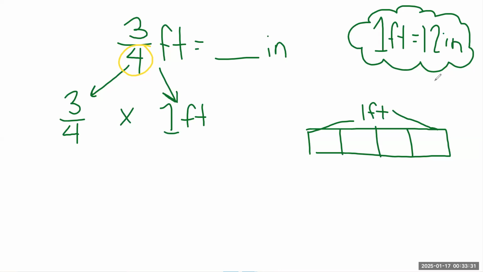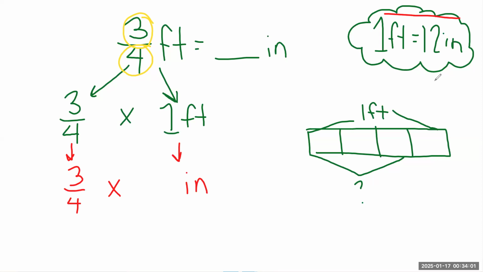Follow-up question. How many parts am I looking for? Raise your hand. Good. 3. I'm looking for 3 of the 4 parts when I break that foot up. Now, the next thing I need to think about is the conversion. So I've split them up, but I'm not looking for 3/4 in feet anymore. I want to change the unit from feet to inches.